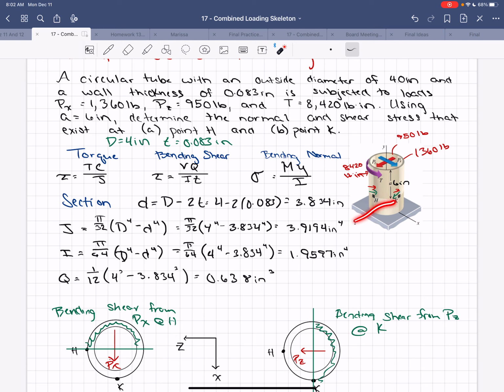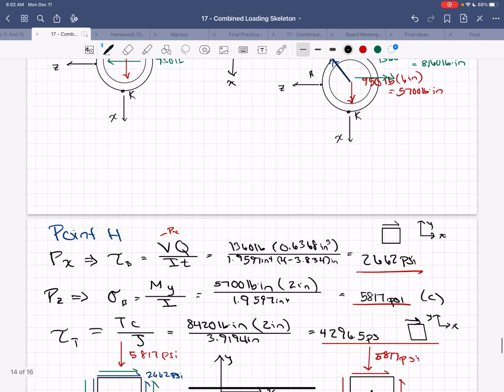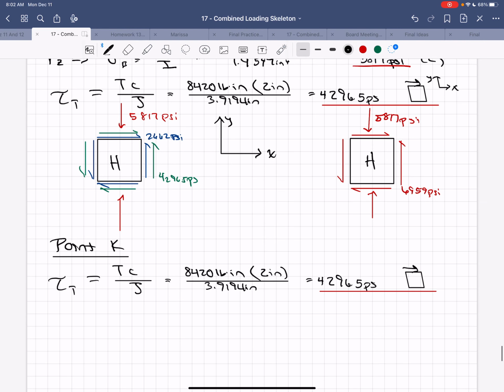So it's going to be positive Z to the left and Y up. And the shear stress still goes in the negative Z direction.